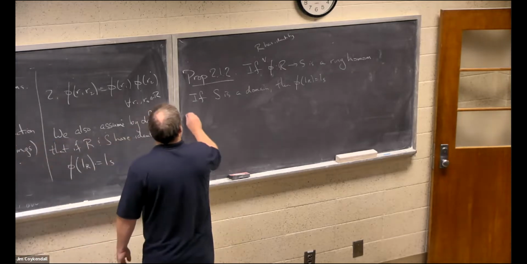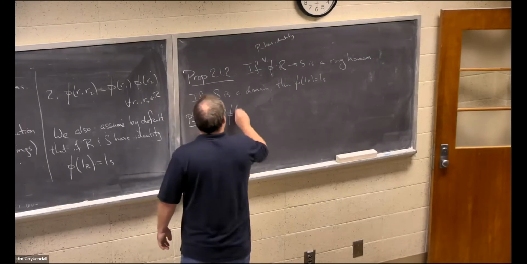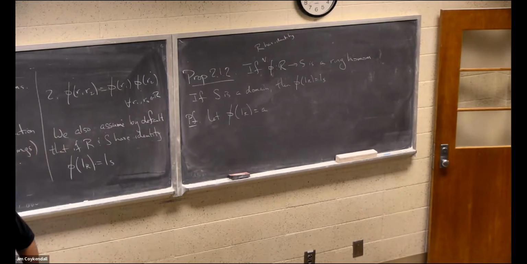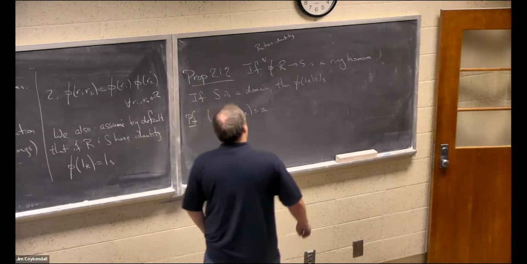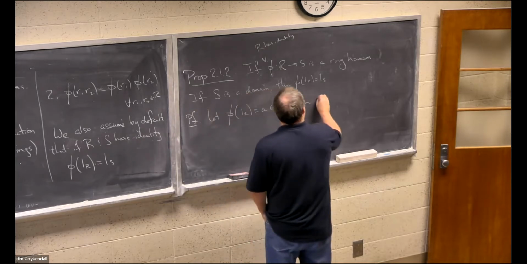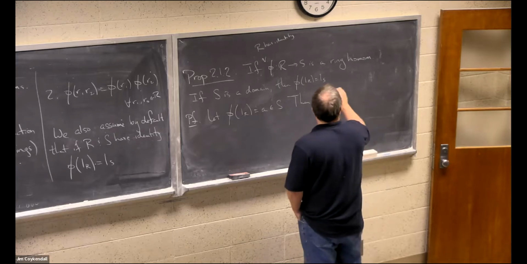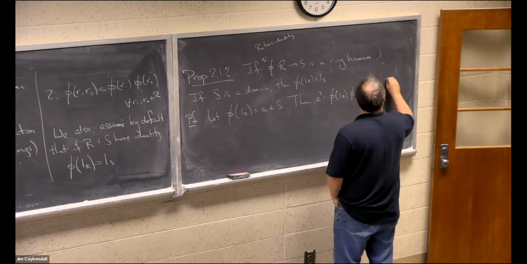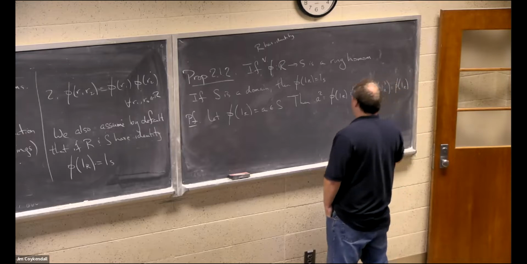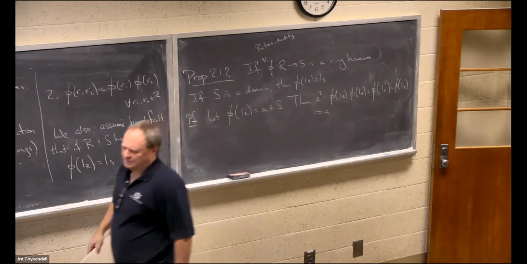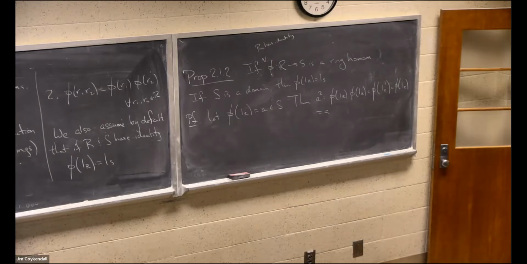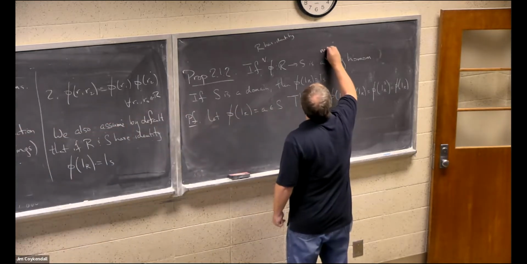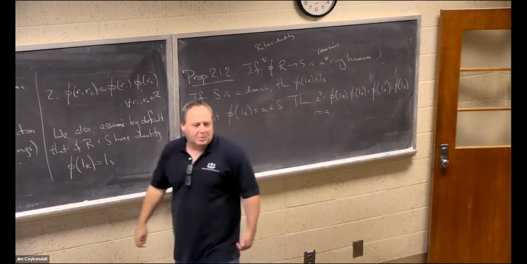So, proof. Suppose phi of 1 goes somewhere over in S, call it A. Then A squared is phi of 1_R times phi of 1_R, which is phi of 1_R squared, which is phi of 1_R, which equals A. I forgot to put a word in there, and that's rather important.